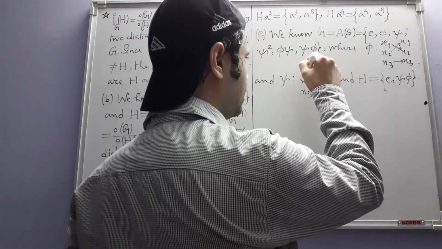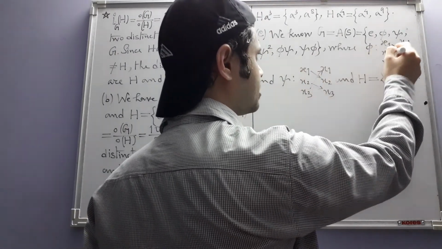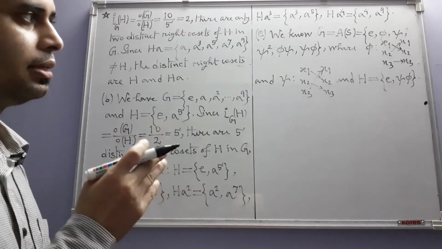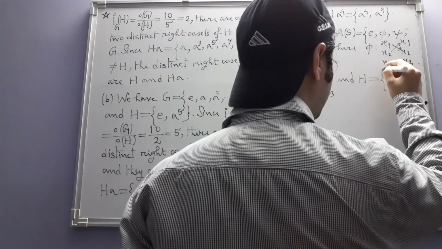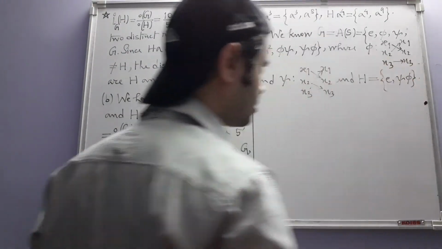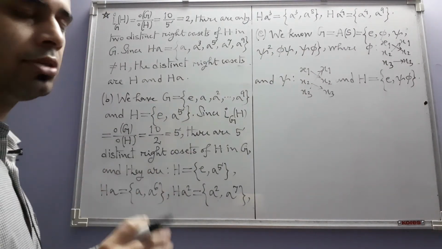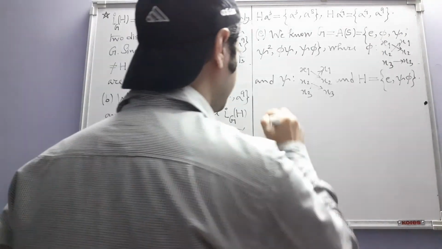So psi takes x1 to x2 and phi takes x2 to x1. So x1 is taken to x1 by psi phi. So x1 is not changed. And identity of course does not change anything, so in particular it also does not change x1. And these two happen to be the only bijections that do not change x1.